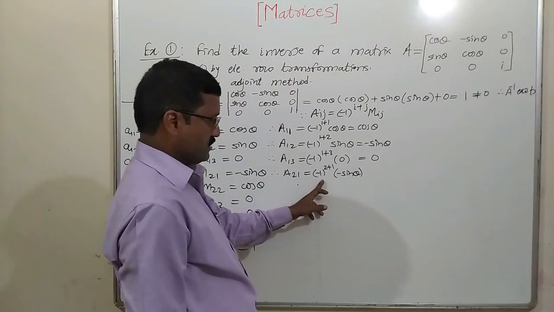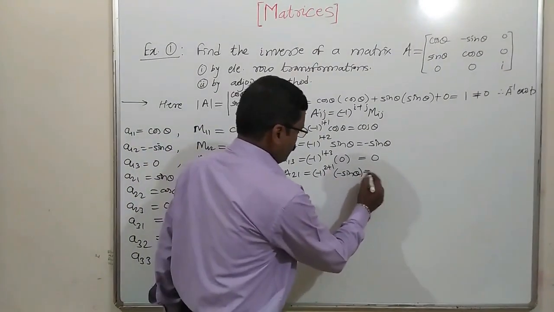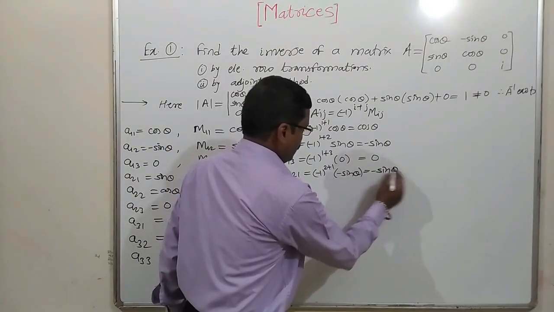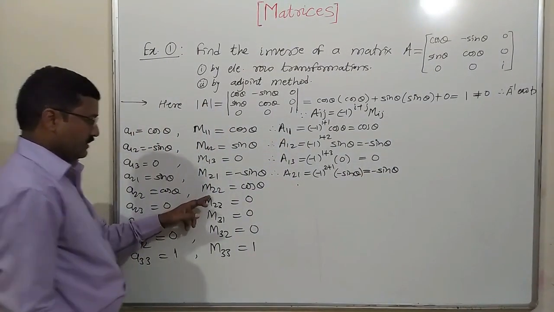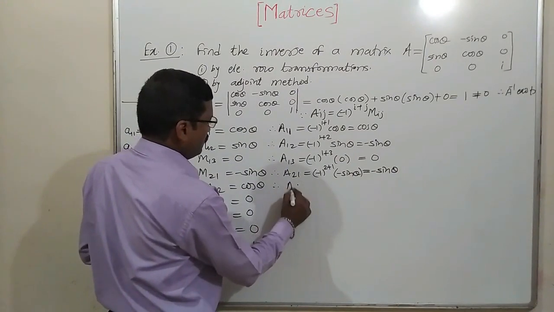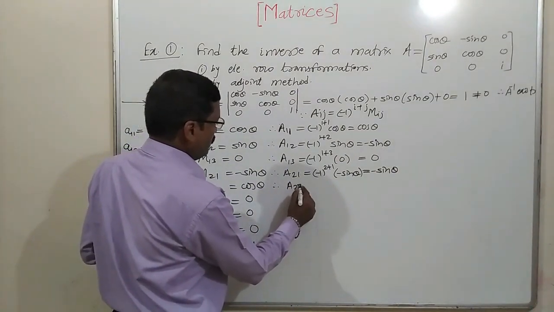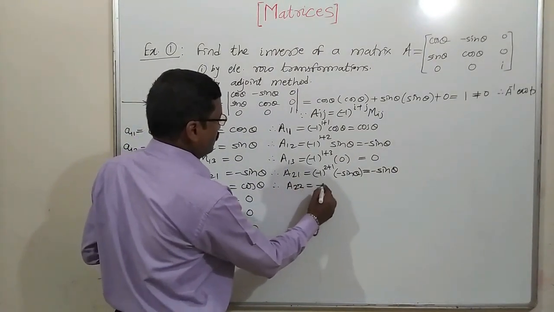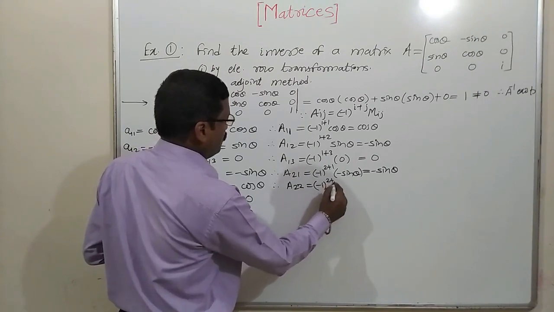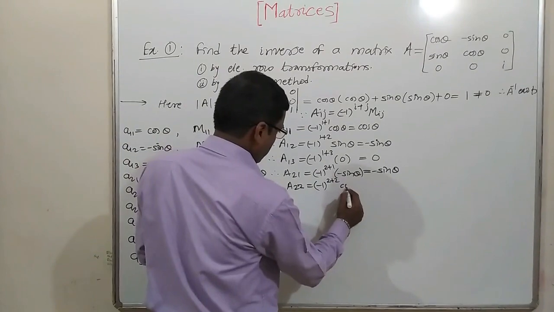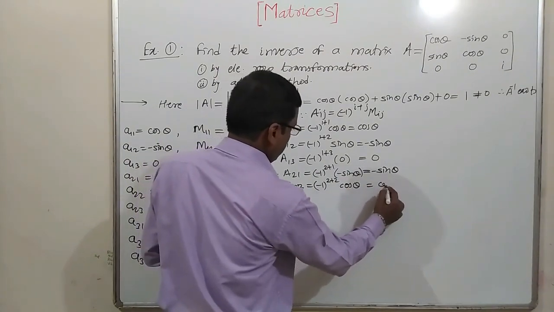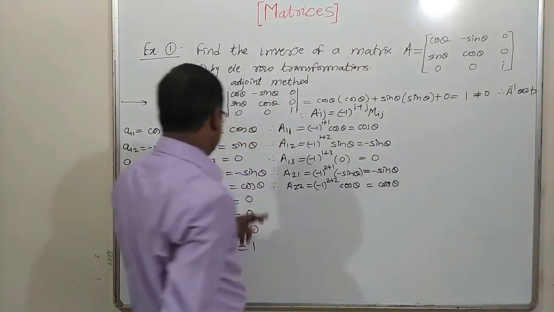This gives us plus 1 and this is minus sin theta, so it is minus sin theta. Then next, A22 is equal to minus 1 raised to 2 plus 2, that is 4, so plus 1 into cos theta, that is equal to cos theta.